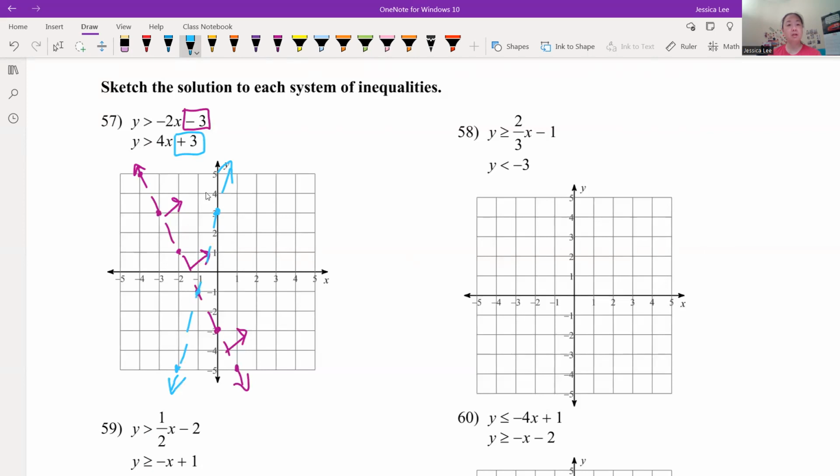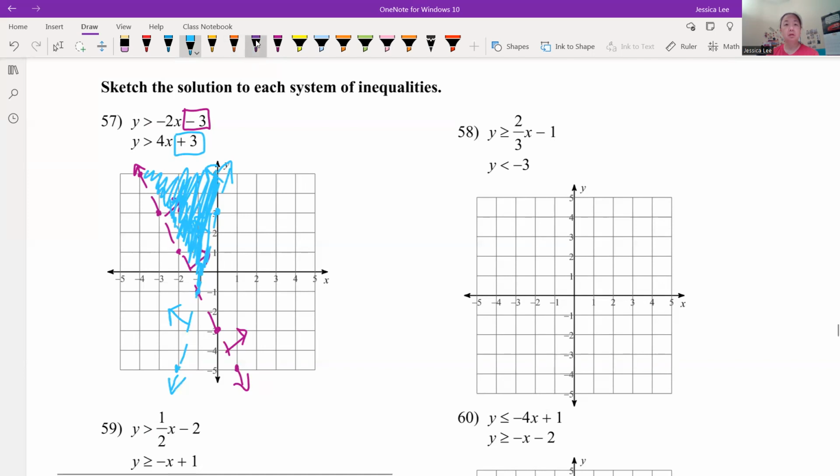Since y is greater than, all the y's that are greater are up top, so we're going to be above. It has to be above the blue line and above the magenta line. The only region that does that is right here, so this is the part that we shade. This fulfills both criteria for the intersection. There we go.